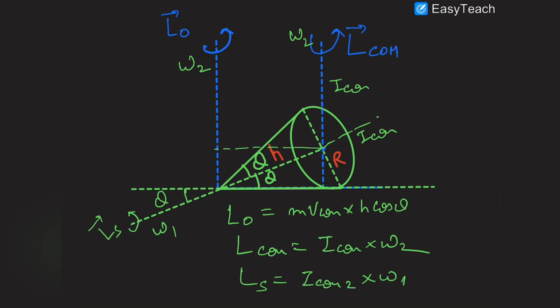And the total angular momentum would again be the vector sum of these angular momentums.